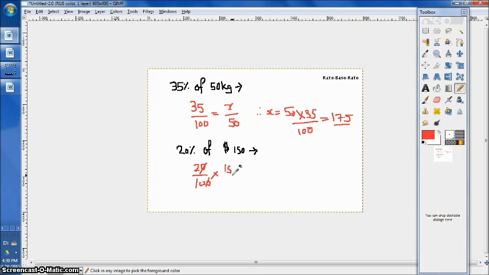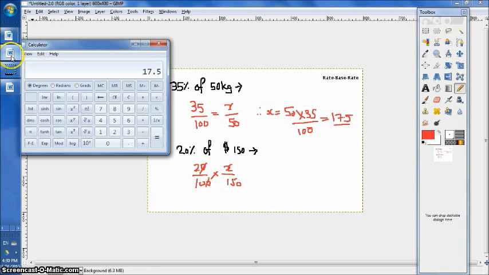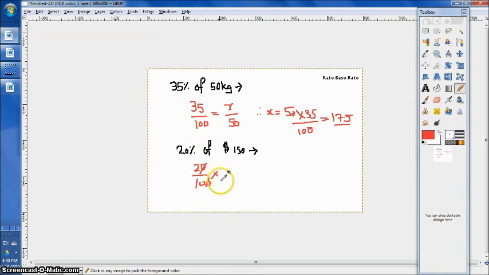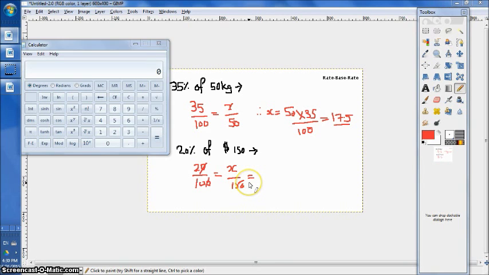So this is going to be 20 over 100 equals x over 150. So this is $30.